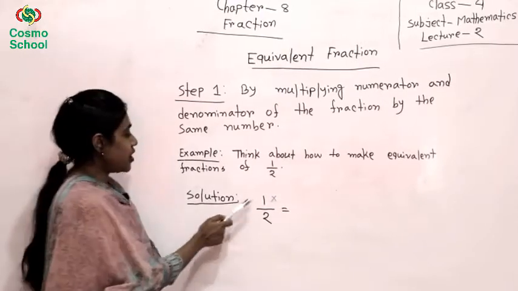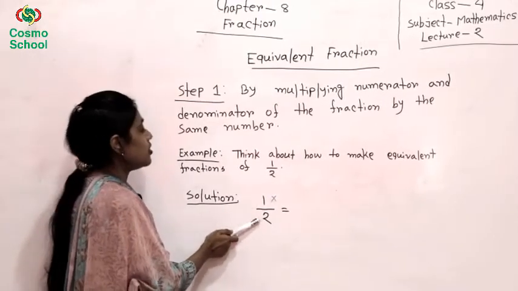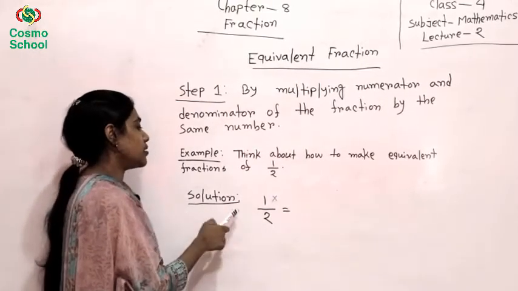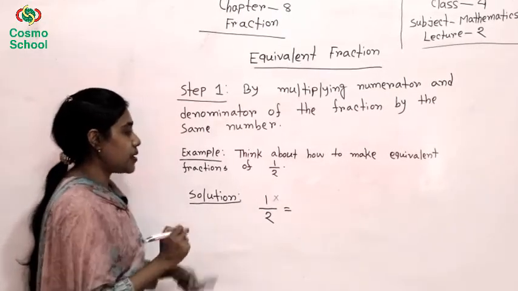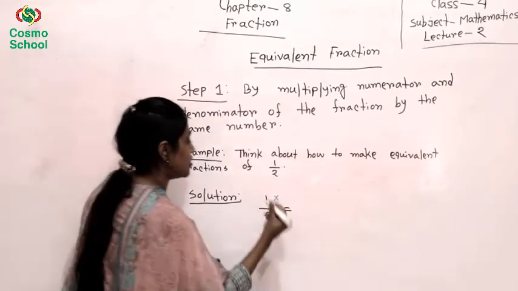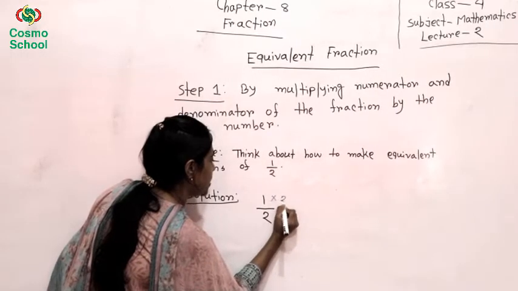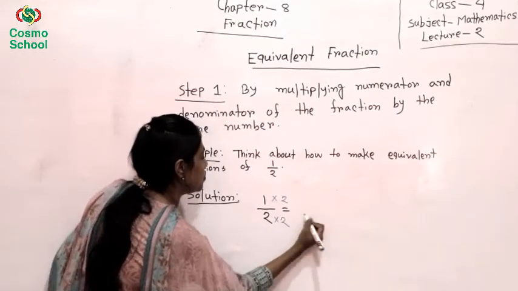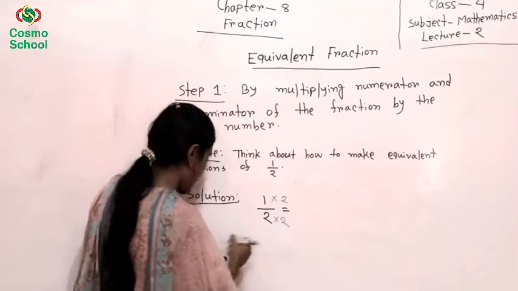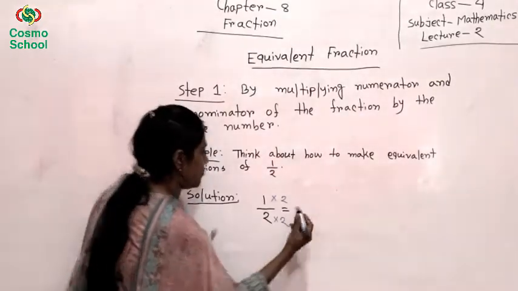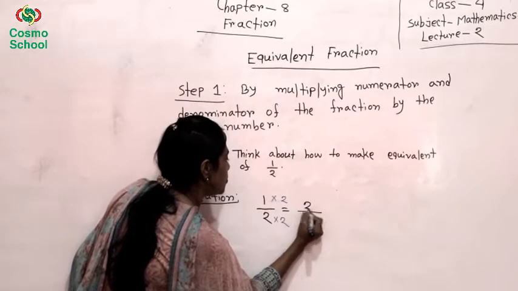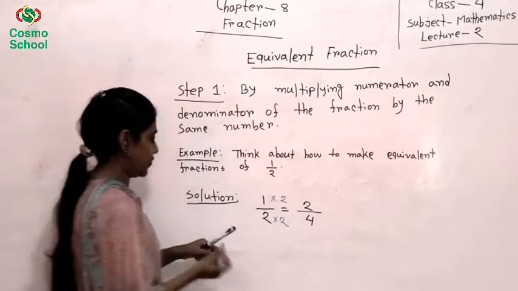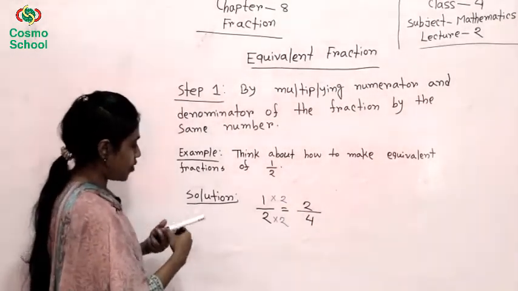The numerator and denominator are multiplied by the same number, such as 1 multiplying 2, and 2 multiplying 2. So I can get 2 divided by 4.